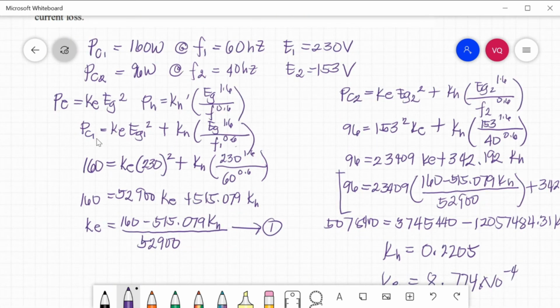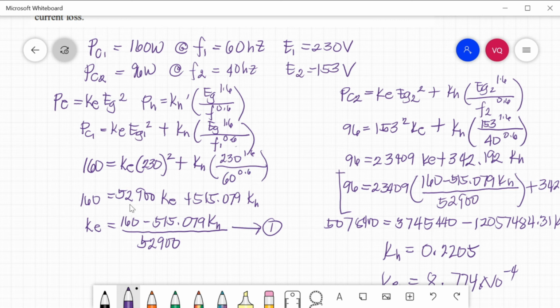So for PC1 at 230 volts and 60 Hertz, we have PC1 equal to 160 equal to KE times 230 squared plus KH times 230 raised to 1.6 divided by 60 raised to 0.6.